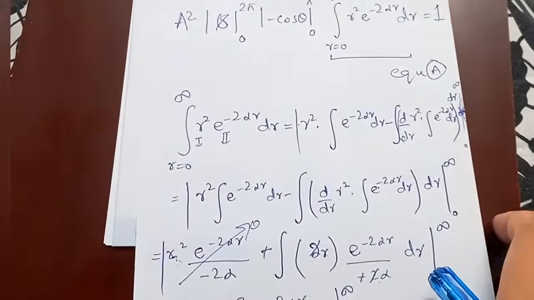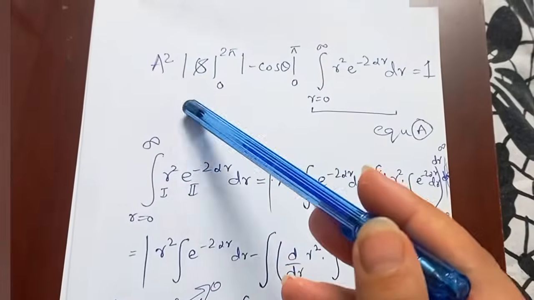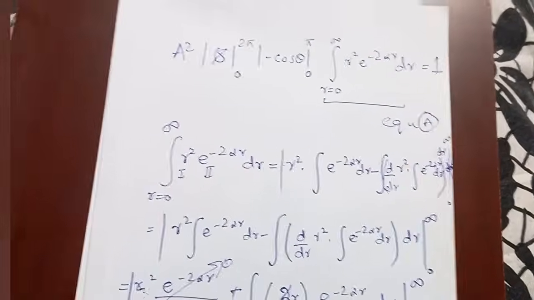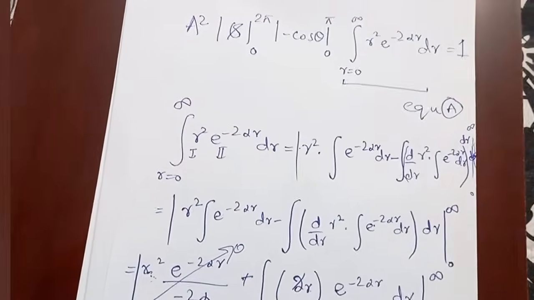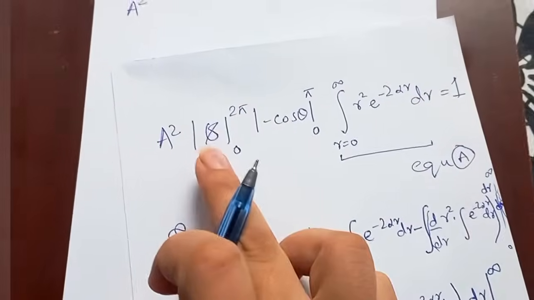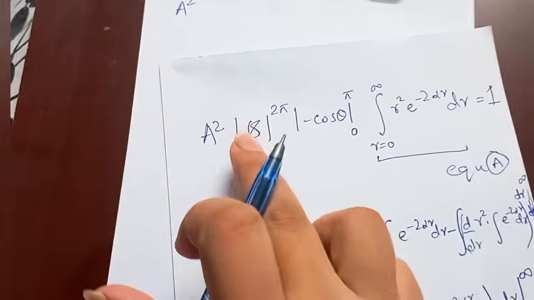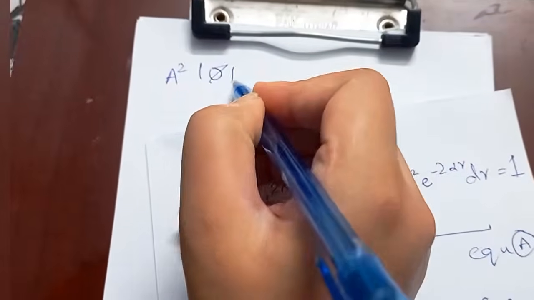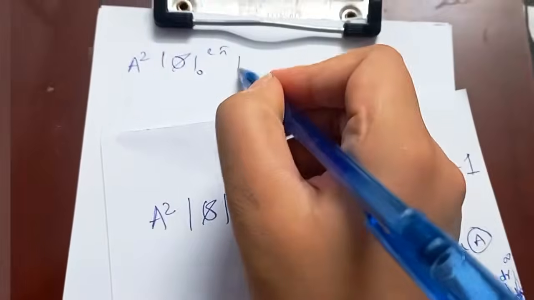Okay, we'll simplify it and we'll calculate the value of the normalization constant from here. A square, okay, let me write it here and we'll put the limit of integration in the next step.